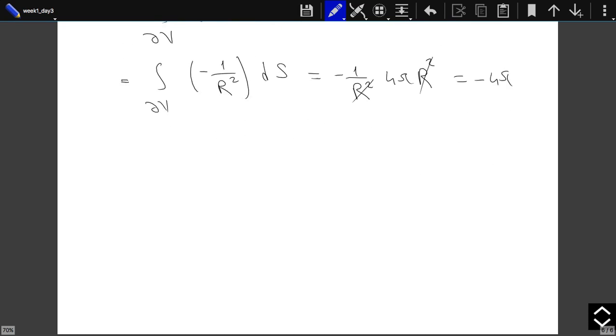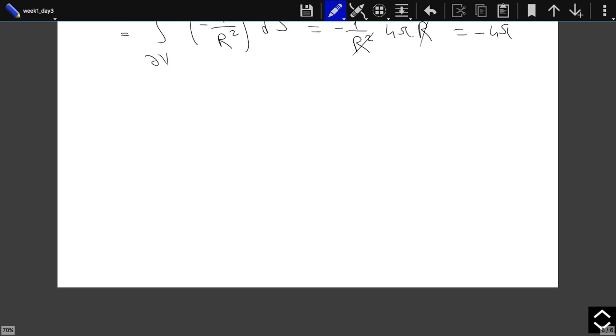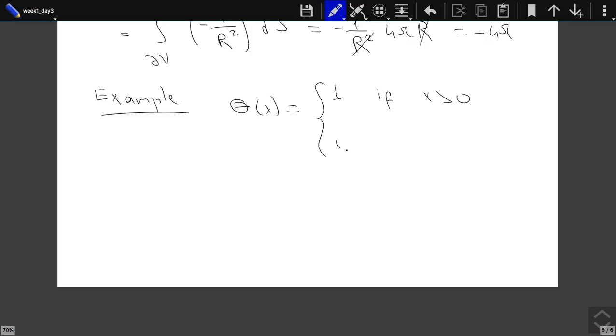But before going to the three-dimensional example, let's look at the one-dimensional case. Let me define this function, the step function. So I have this function which is 1 if the argument is larger than 0, it is 0 if the argument is less than 0.